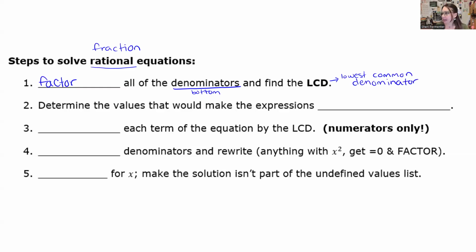And we had to identify that last class. For every problem, we identified the lowest common denominator. So we should be experts at that. Next, we're going to determine any values that would make the expressions undefined. We also call these domain restrictions.